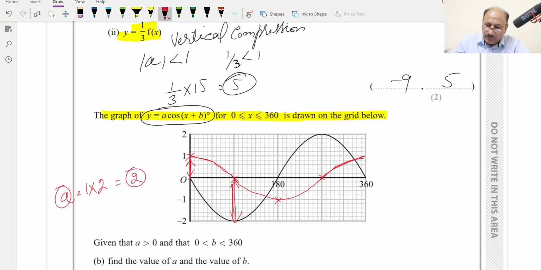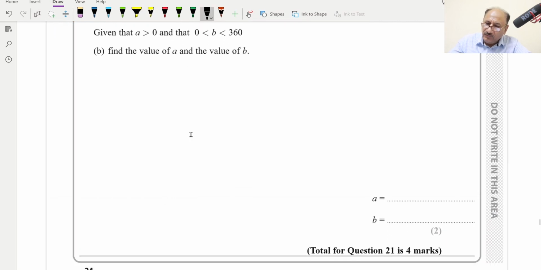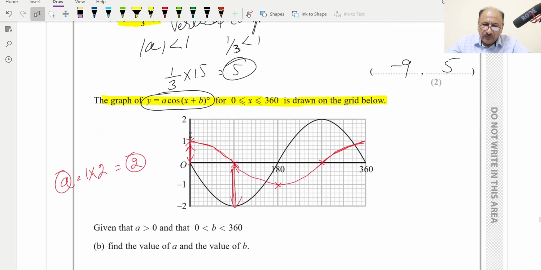So this is our new a value, and we can provide it here, which is 2.